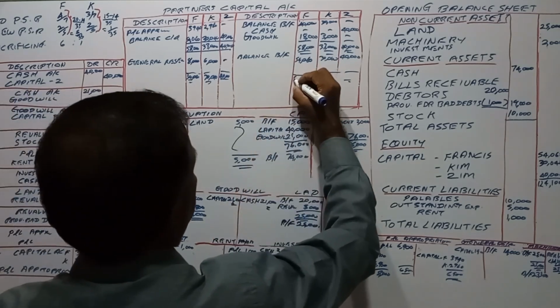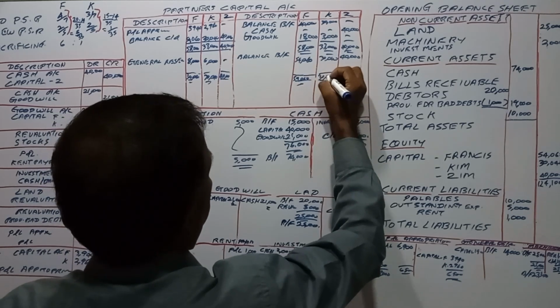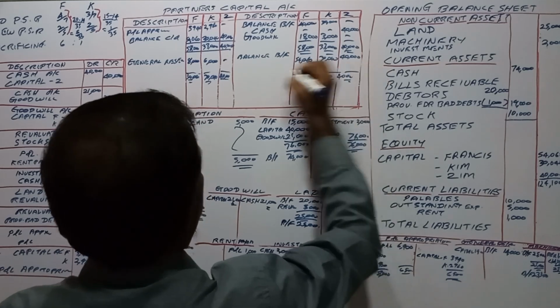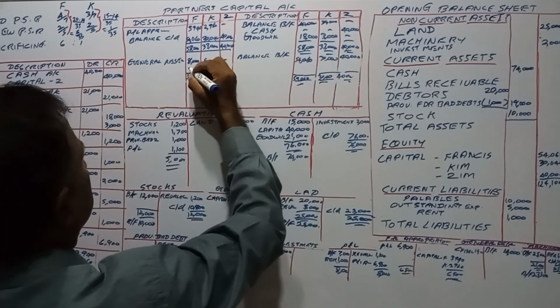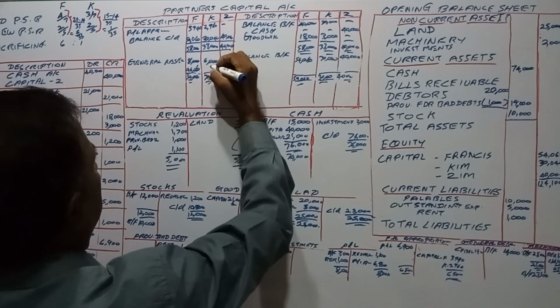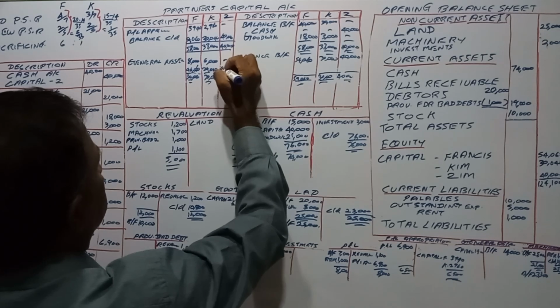Then carried down value will be 46,060 and 24,040 and 40,000.